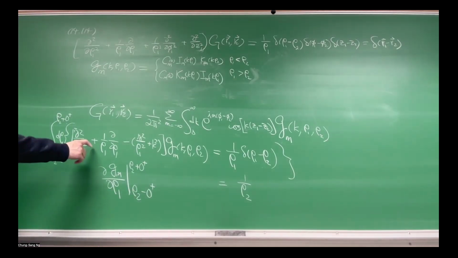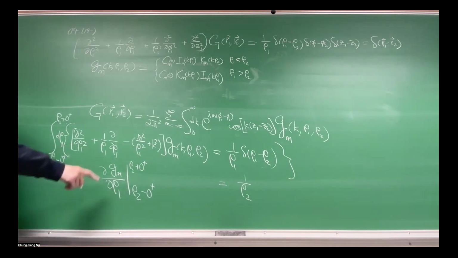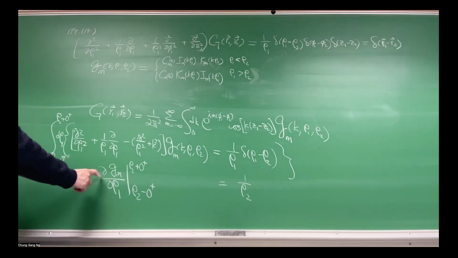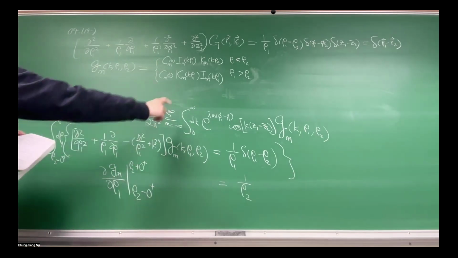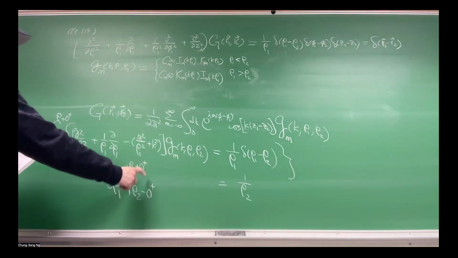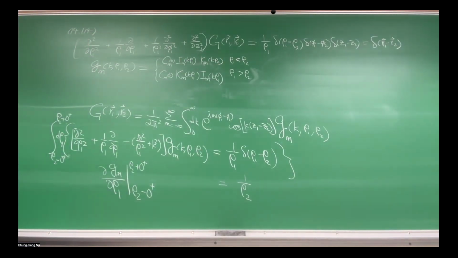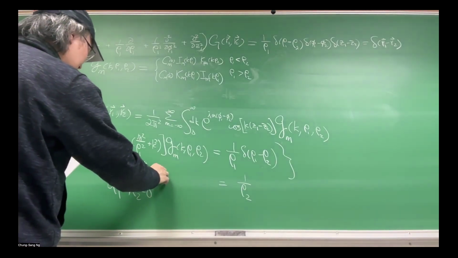Integrating this term will give you this one. You can accept that, right? Now this one is not continuous. This derivative, because we have two cases over the upper limit and lower limit, they are not the same after you take the derivative. And yeah, we want to write it.